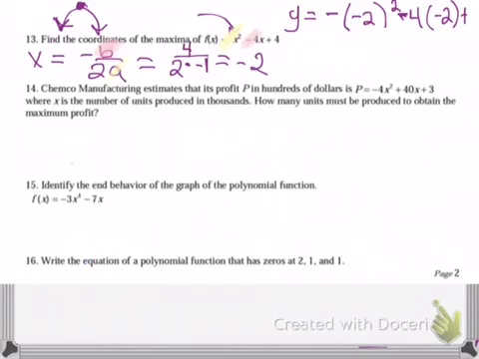Now, when I do the math here, negative 2 squared is 4, but then it's a negative, so negative 4 plus 8 is 4. 4 plus 4 is 8. So the coordinates end up being negative 2, comma 8.